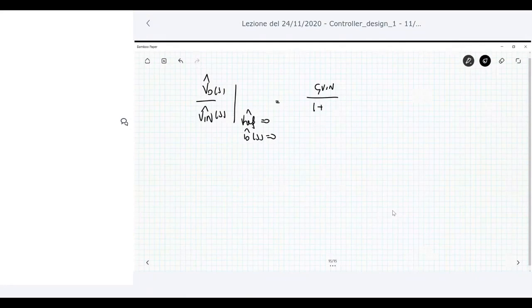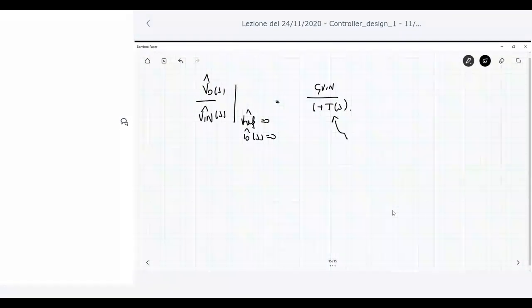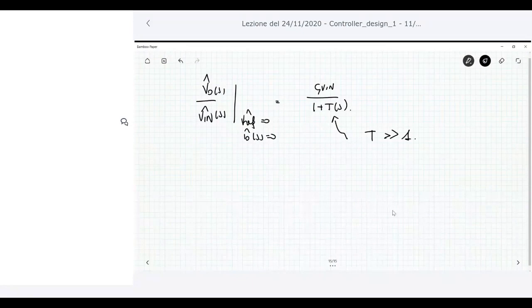This is G V in over 1 plus T. There is a certain benefit when T is large in magnitude. If T is much larger than 1, of course T varies with frequency, but if T is large for all the frequencies we are interested in, then this is simply G V in over T, and this goes to 0.